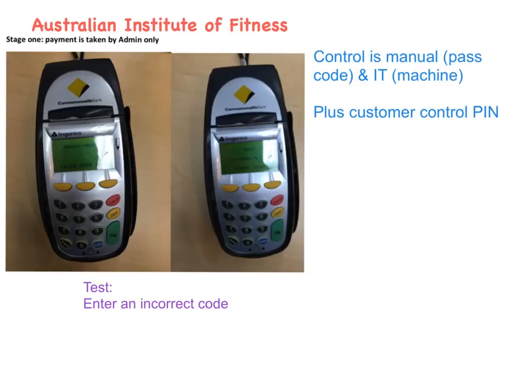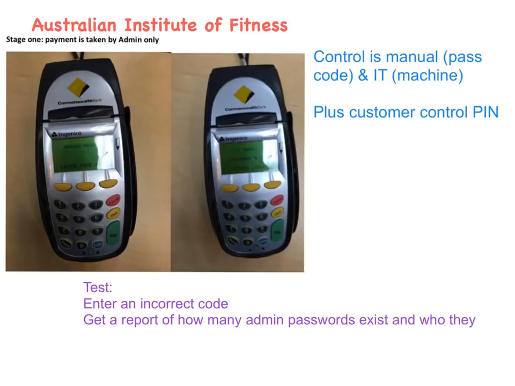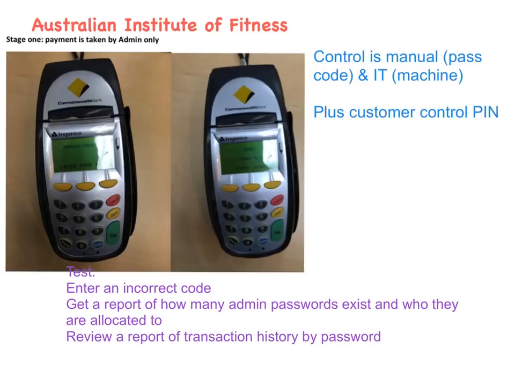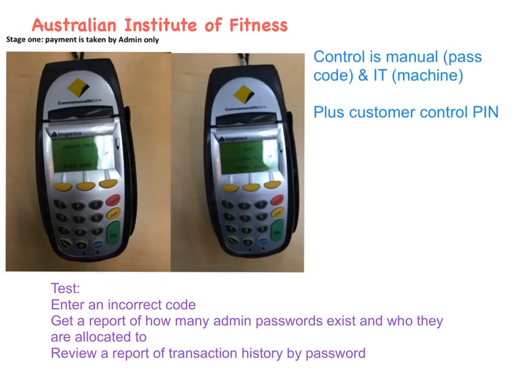I could get a report of how many admin passwords exist and who they are allocated to. I could review a report of transaction history by password, because if you thought that perhaps one admin was maybe doing something incorrectly, you might see that in the transactions.